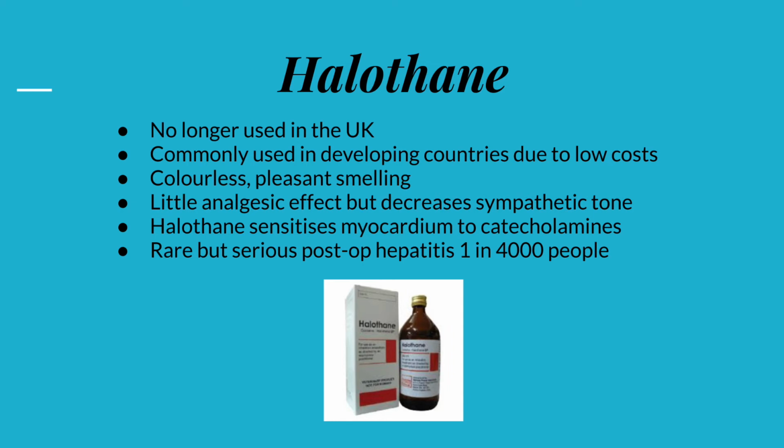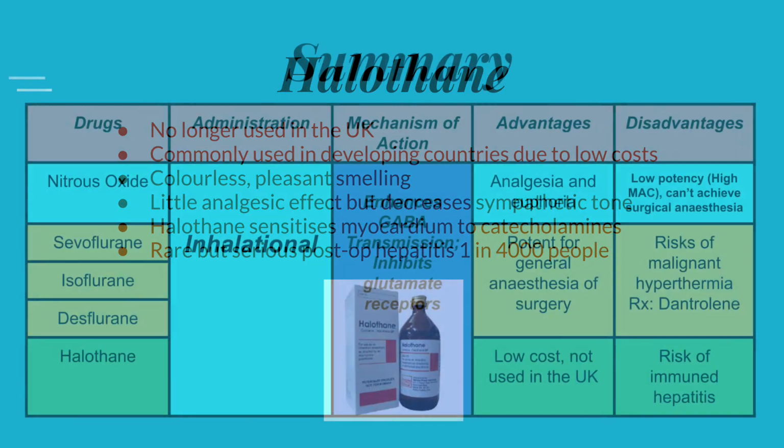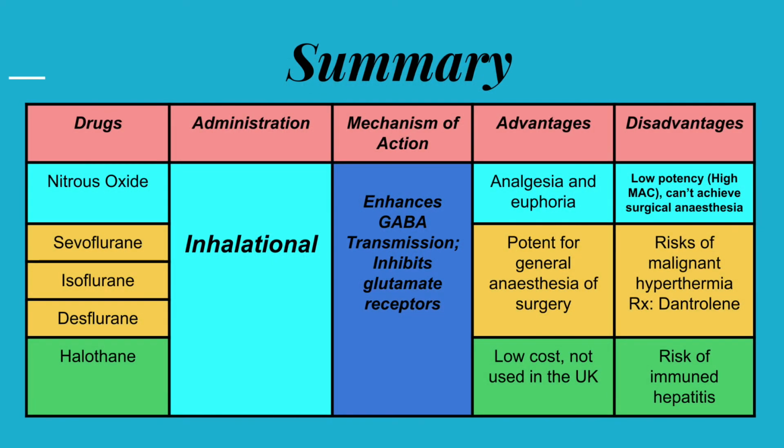Type 2 is the more severe type of hepatotoxicity, which is associated with acute liver failure, and it is fatal in most cases. The hepatotoxicity is most likely immunologically related, based on the limited evidence. This is a brief summary of the key points for each type of inhalation anesthetic agent discussed.